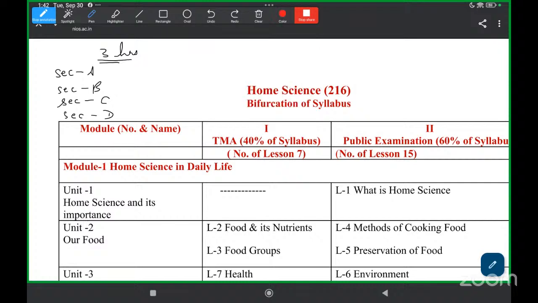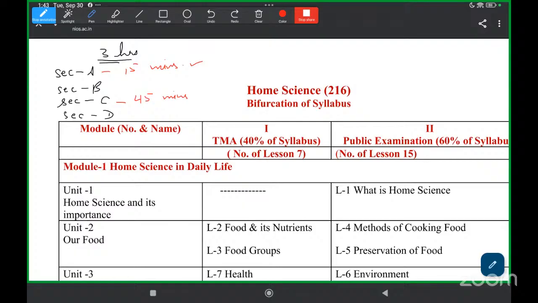You divide your time. Section A, 15 minutes. You have to read the comprehension also and do the questions also. 15 minutes only. Section C, 45 minutes, because it is the writing portion.